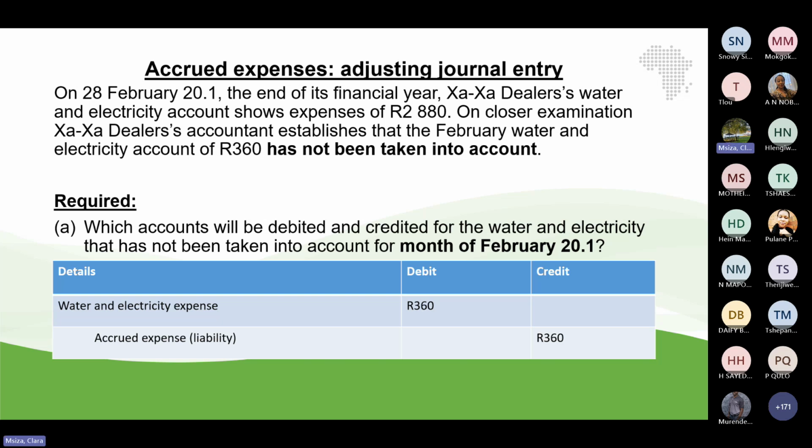So remember, it has not been taken into account. So what are we going to debit or credit to fix this? We are doing an adjustment. Yes, it has not been taken into account. And then if you are debiting water, what are you crediting?